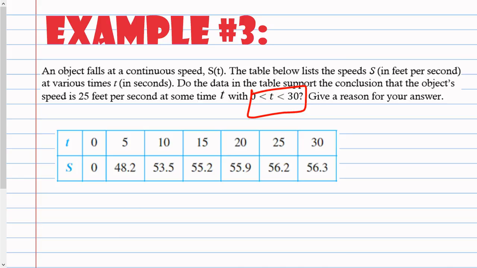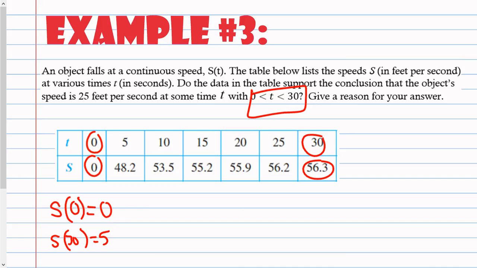Now, if you look at the table, the speed at the smallest time, which is 0 right here, is 0. The speed at the biggest time, which is 30, is 56.3.